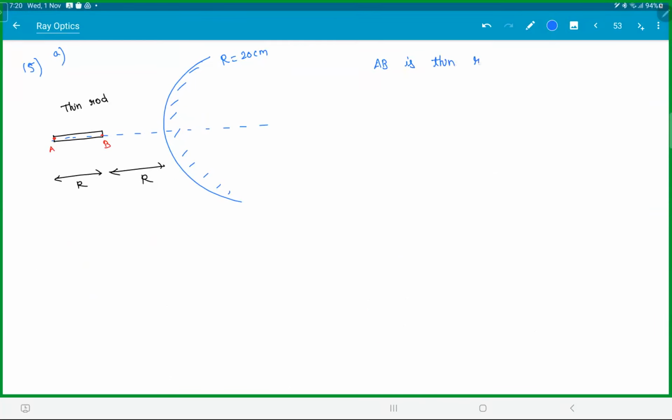Find the length of the rod's image. You know how to do it for a point object, now how to do it for a rod. Think. I'll give you 2-3 minutes.